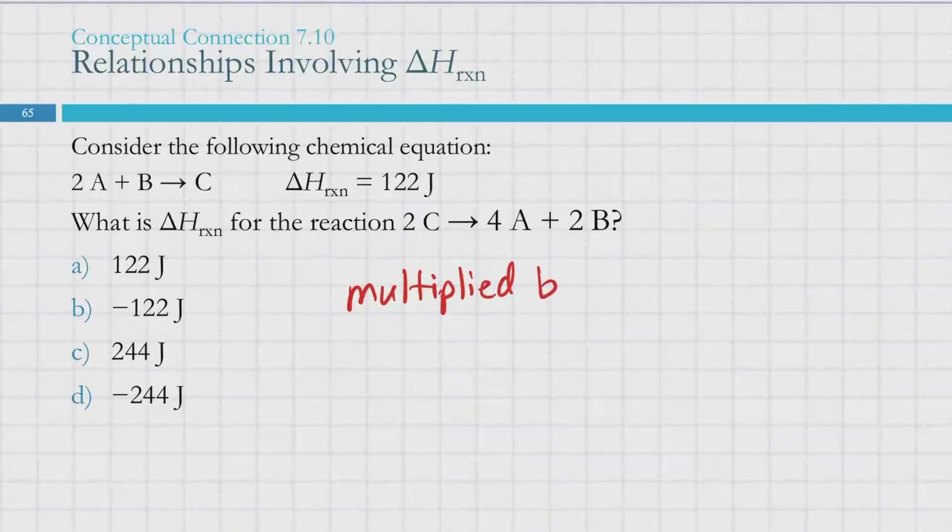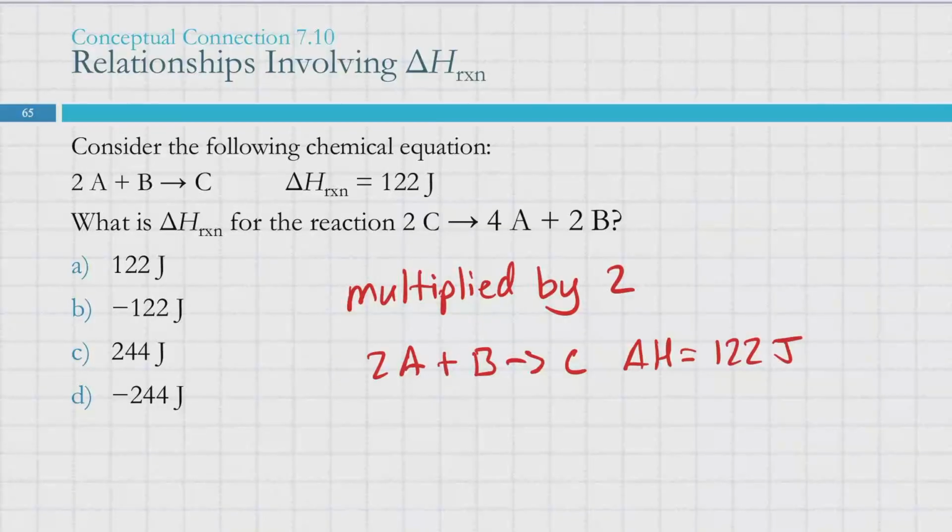So we multiplied by 2. So 2A plus B to C has a delta H value of 122 joules, and we went to 4A plus 2B goes to 2C. That's the multiplying, the doubling part.